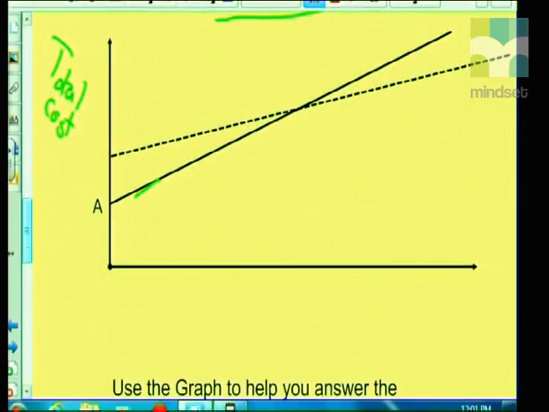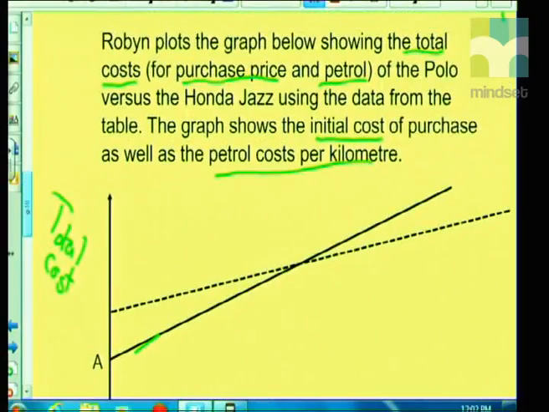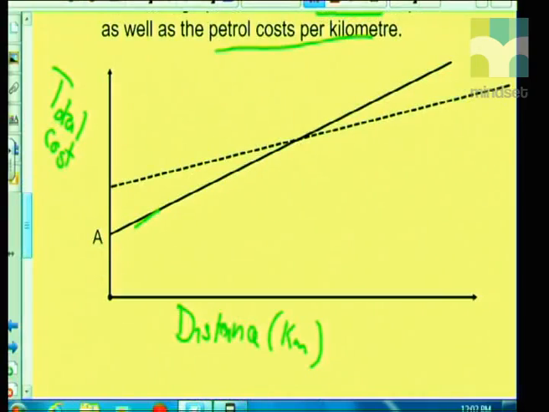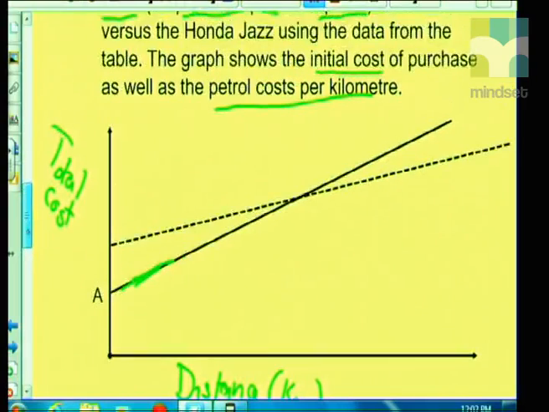This is distance traveled in kilometers. Something like that, because it includes petrol costs per kilometer. So we've got the total costs, and we see that this line is changing because it's changing with the distance traveled, the per kilometer. So we'll be able to work that out.